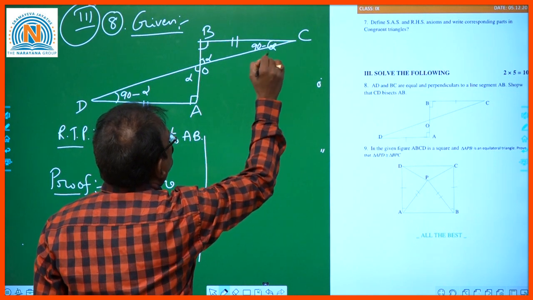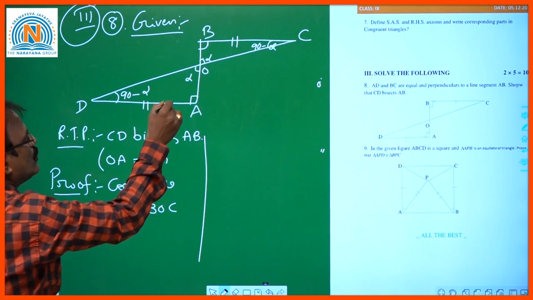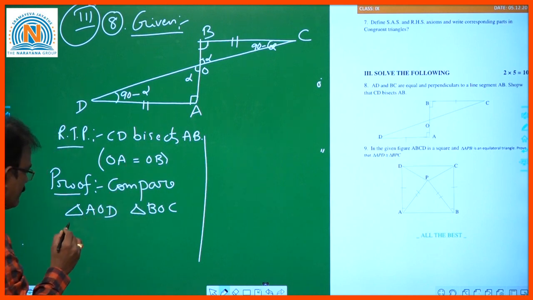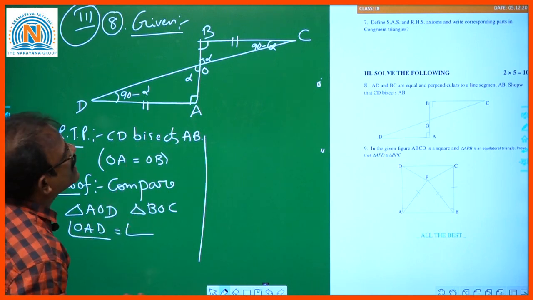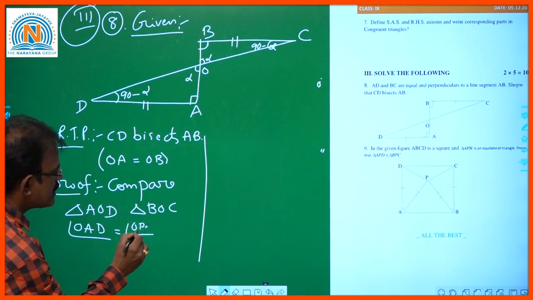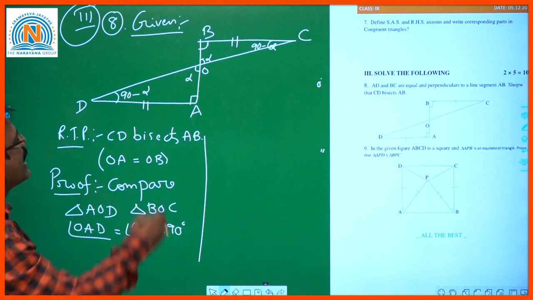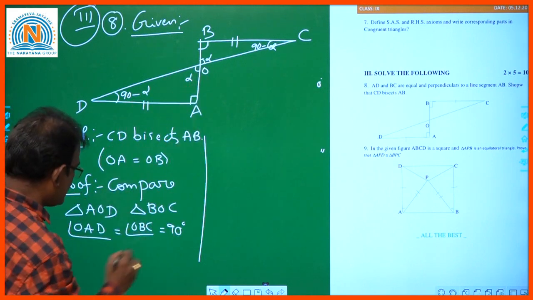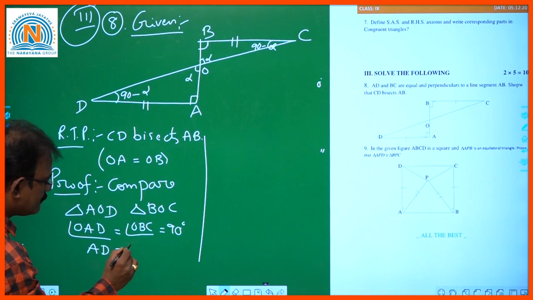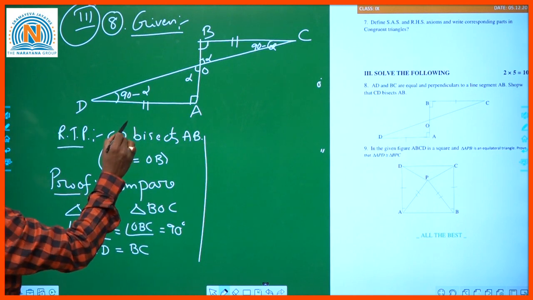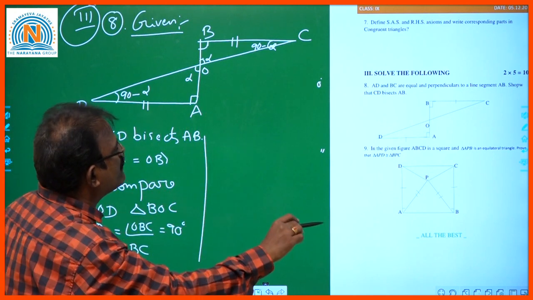Okay, children. So when you compare these two, keep A in middle, angle OAD is equal to, keep B in middle, angle OBC is equal to 90 degrees. This is given, and AD is equal to BC also given.